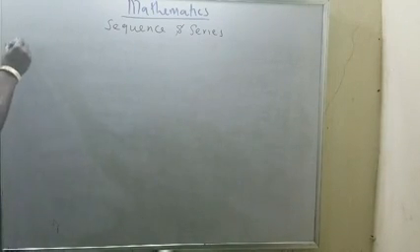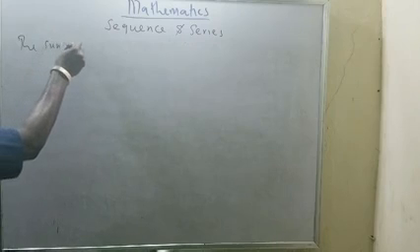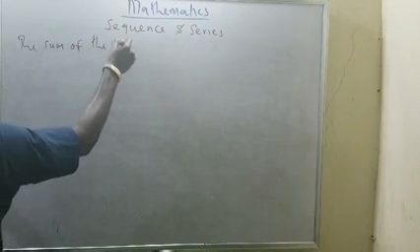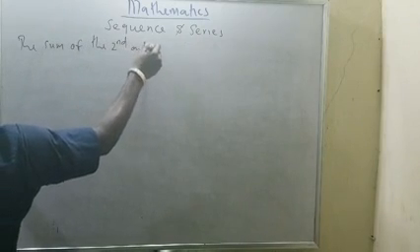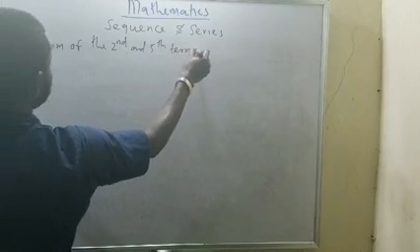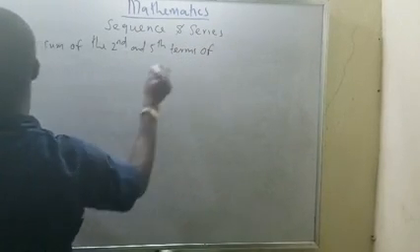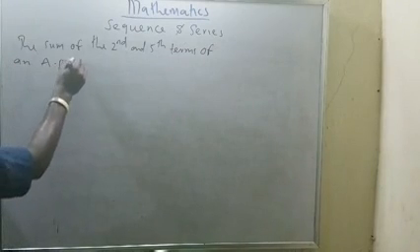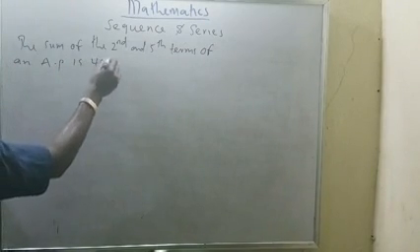Now, the sum of the second and fifth terms of an arithmetic progression is 42.